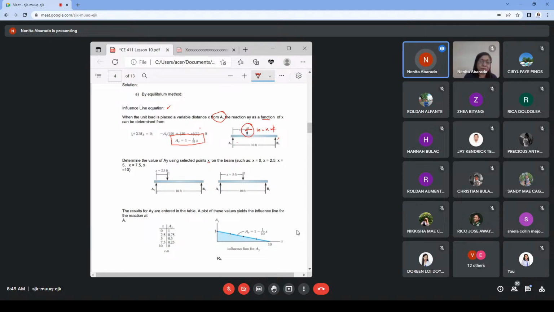Specified points lang para lang tayo maka-establish. Let's say, let us divide it into 4. Since it is 10, at x equals 0, 2.5, 5, 7.5, and 10.